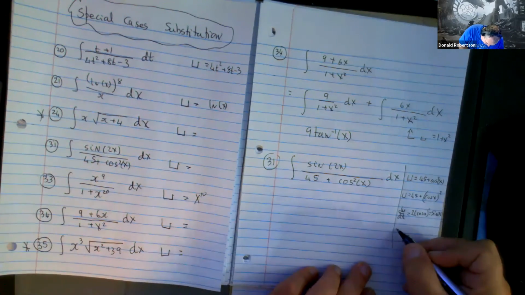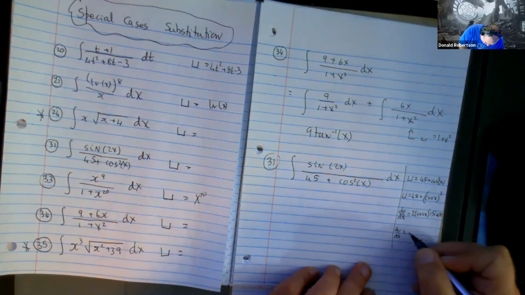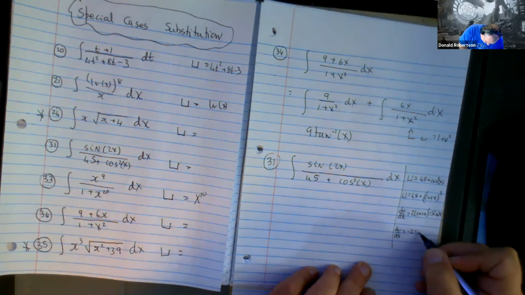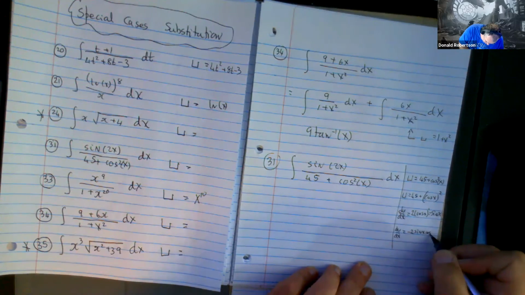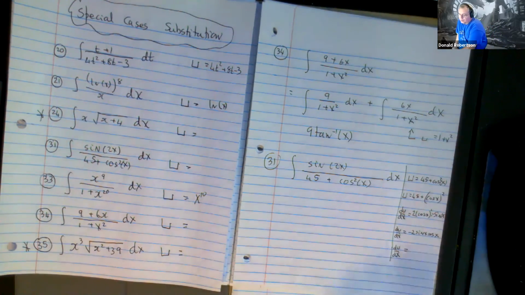So I'm going to rewrite this a second time. It's negative 2 sine x cosine x. Does anybody remember from trig what 2 sine x cosine x is? Forget about the negative. What is 2 sine x cosine x?